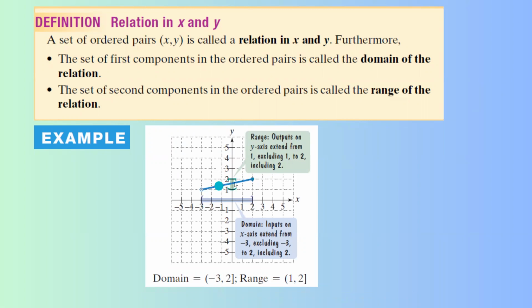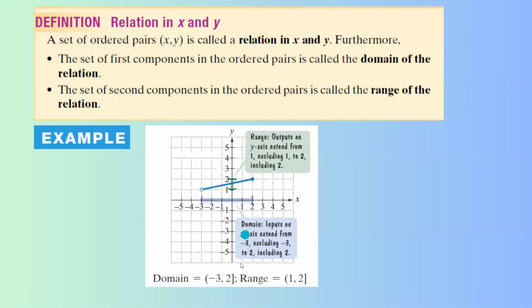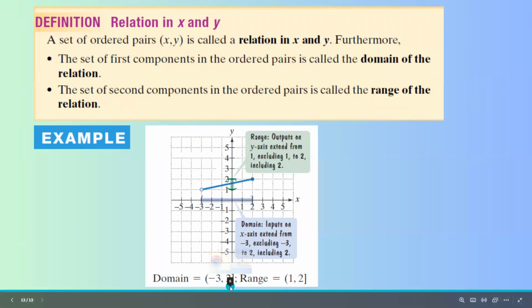Take a look at this piece of line. The very first point is not included in the line. The terminal point is included. So when we write the domain, the projection on the x-axis, -3 is not included, so we use an open parenthesis for -3. 2 is included, the terminal point is included, so we use a bracket for 2.